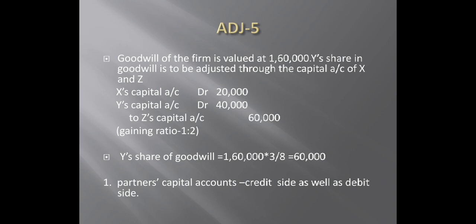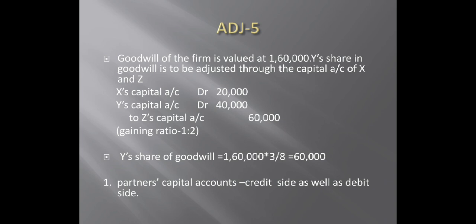Now let us quickly revise the points that we have understood related to goodwill in previous lectures. The amount of goodwill is to be paid to retiring partner by continuing partners in their gaining ratio. And that is the reason that their capital accounts, that is existing partners' capital accounts, will be debited. Why? Because amount will be reduced from their balance of capital just because they are going to pay.